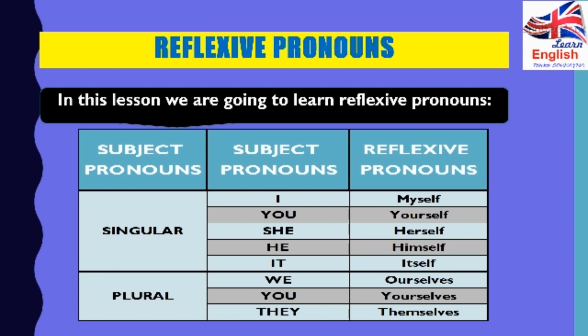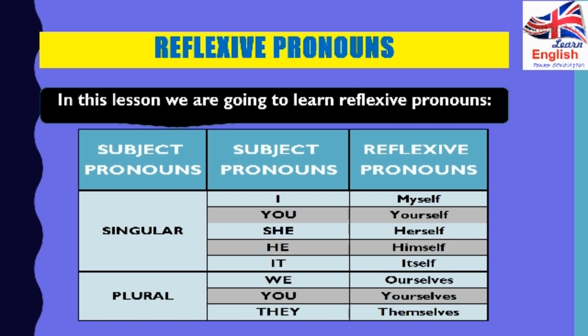So myself refers to I, yourself refers to you, herself refers to she, himself refers to he, itself refers to it. Ourselves refers to we, yourselves refers to you, themselves refers to they.